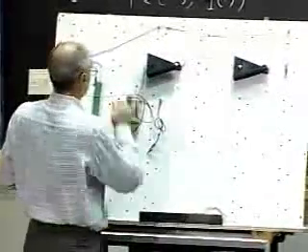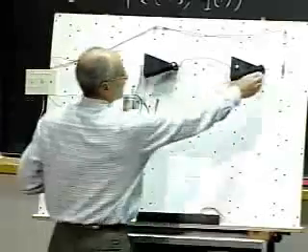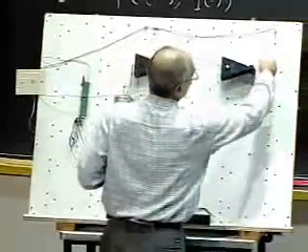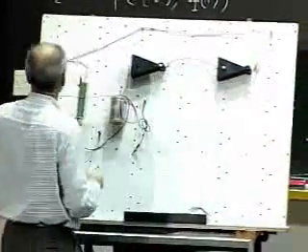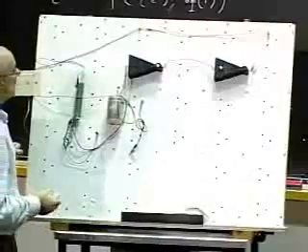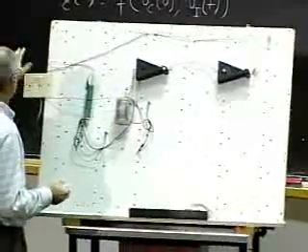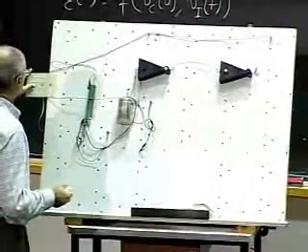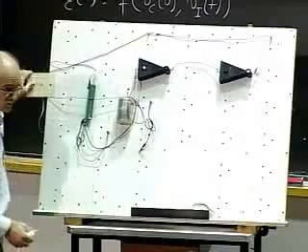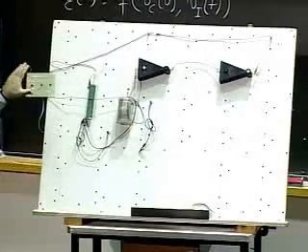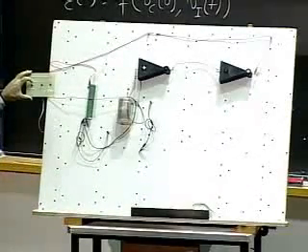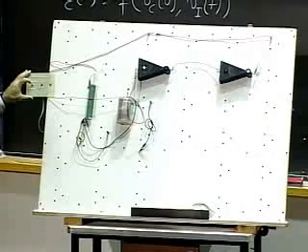So in this case, I'm going to connect the output, as you can see here, and I have my resistor in, and I'm storing 5 volts. Now I'm going to flip the switch.